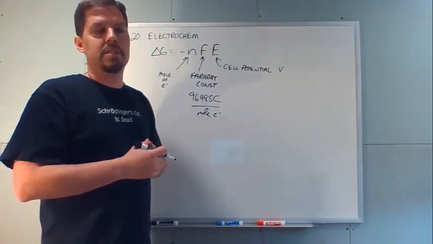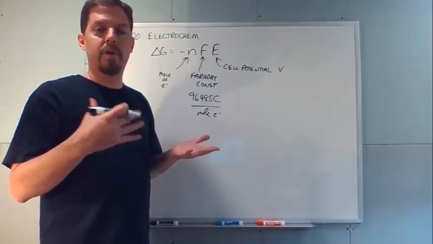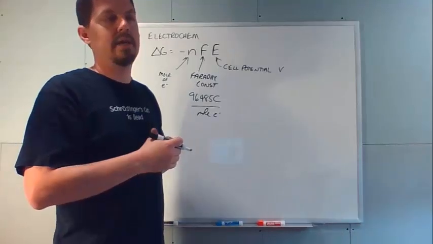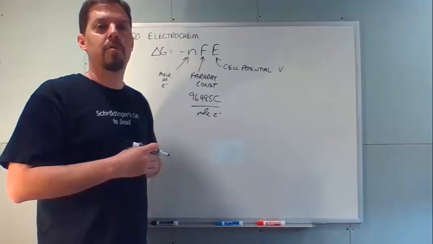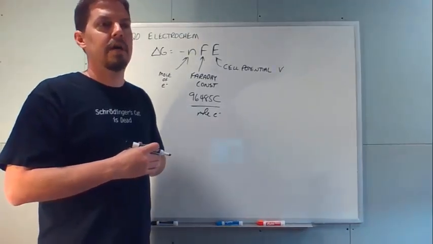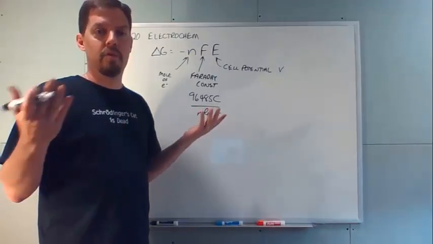Examples of electrolysis would be plating out a metal that normally would not want to come out of solution, or having sodium chloride salt as a solid be broken down into sodium and chlorine gas.